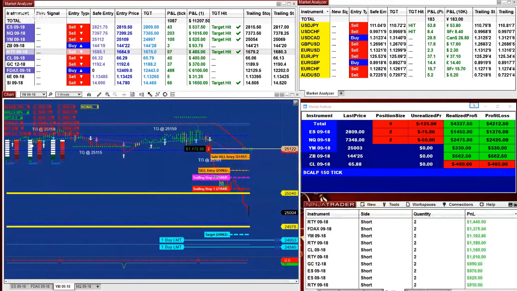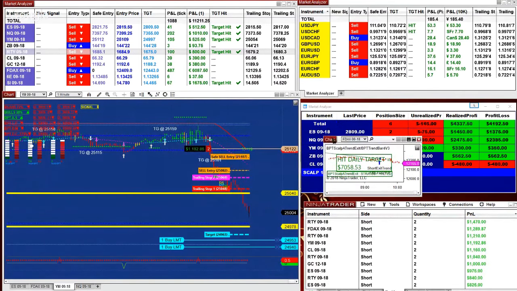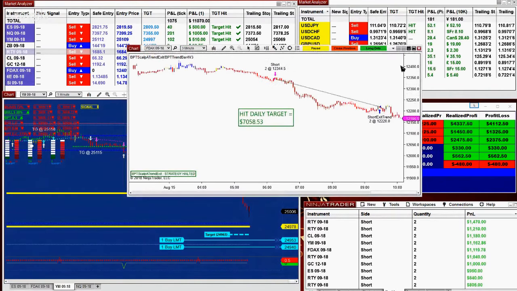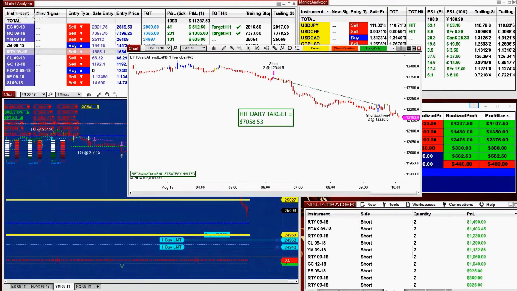On the swing trading, the best chart for today was the DAX, and it was a beautiful trade. As you see, I started around 6 o'clock in the morning Eastern time, and it was one trade only, and it was beautiful. The others did well, but this one was beautiful.